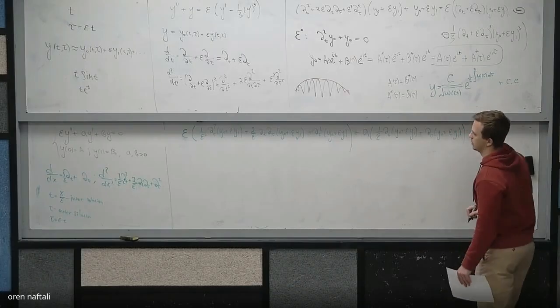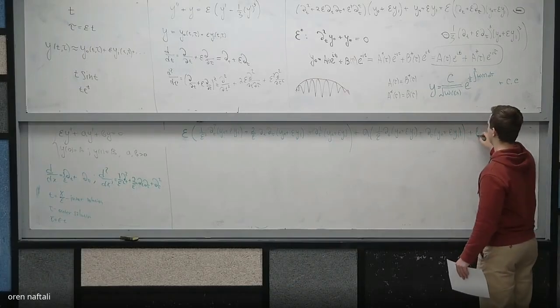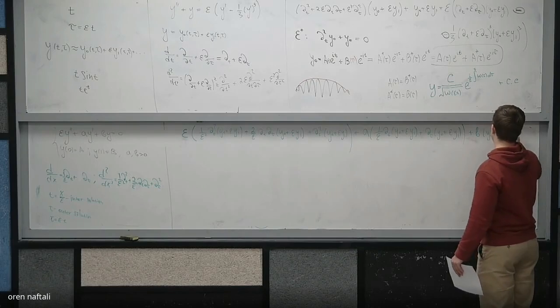That's the second term, and the last term is plus b times y naught plus epsilon y1.